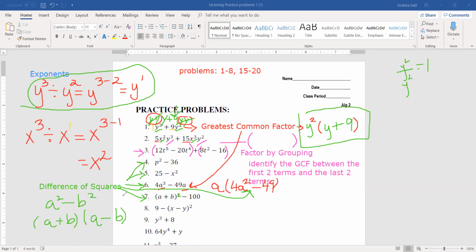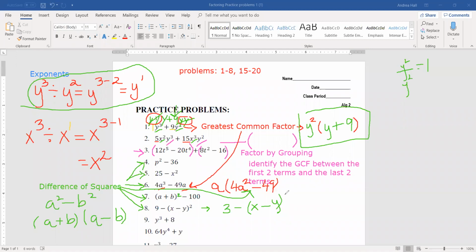Number 8 is also a difference of squares, okay? So if I was to do this, the difference of squares, the square root of 9 would be 3 minus, and then the square root of x minus y, quantity squared, would just be x minus y.